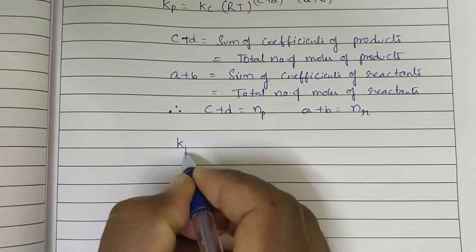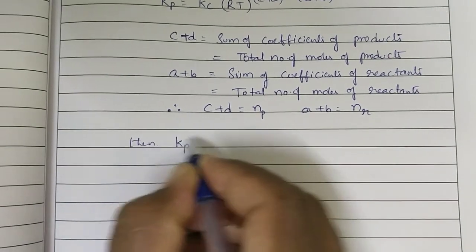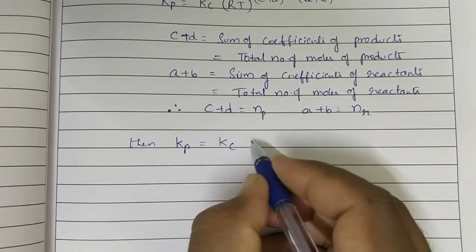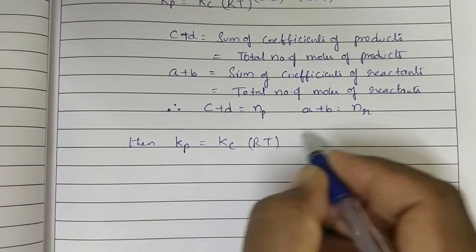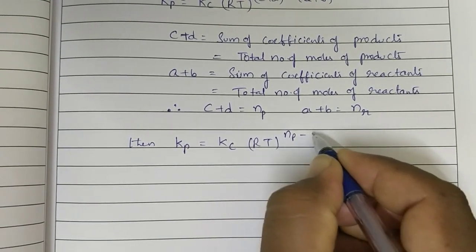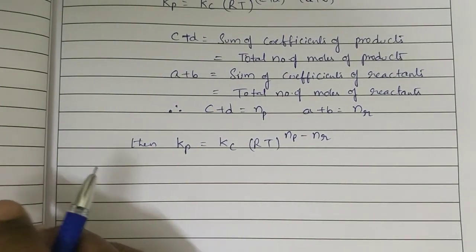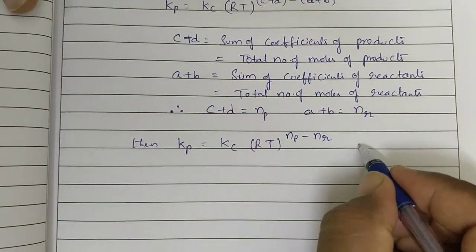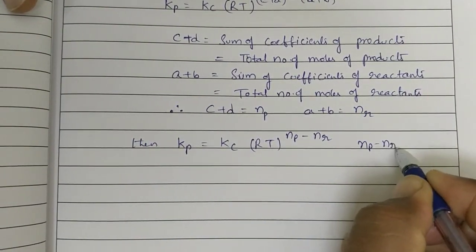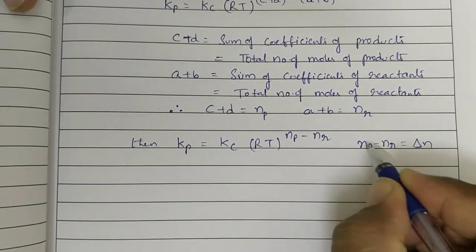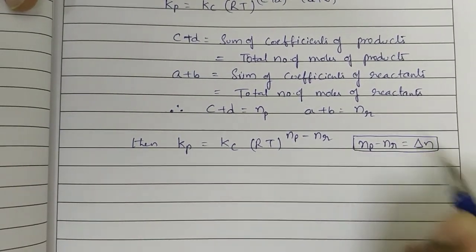Then Kp is equal to Kc into RT power number of moles of products minus number of moles of reactants. Number of moles of products minus number of moles of reactants, I am writing it as delta n, the difference in number of moles.